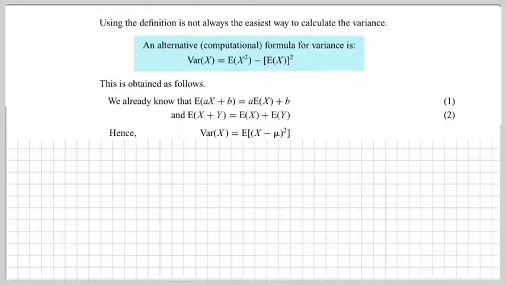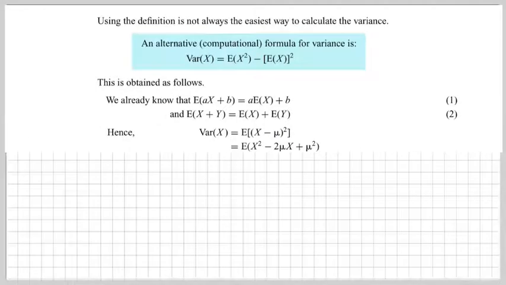Now, hence, have a look at this. The variance of x, according to our definition in the blue boxes on the previous screens, is this. Now let's play with that a little bit and expand it out. That's the expected value of x squared minus 2 mu x plus mu squared, just expanding this in a traditional quadratic manner.